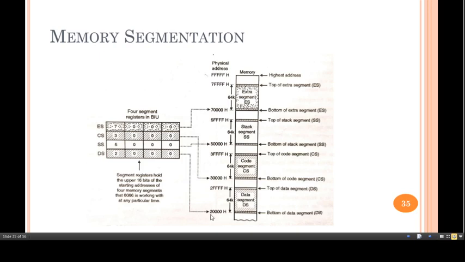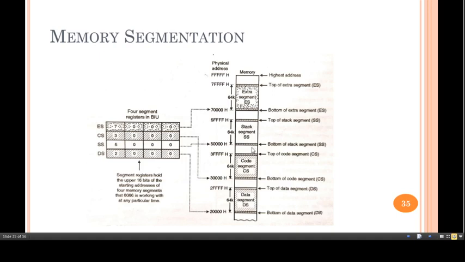Here this 20000H is the bottom of the data segment, or we can say the address of the bottom of the data segment, and this is the address of the top of the data segment. Similarly, this is the bottom for the code segment, this is the top for the code segment.